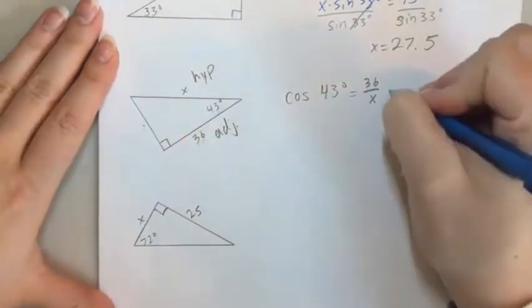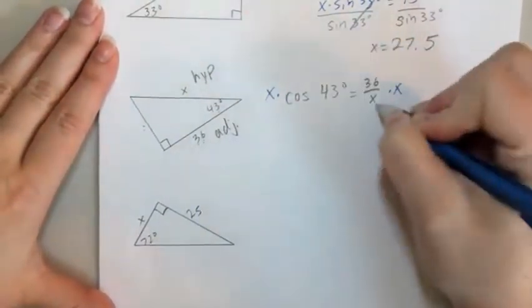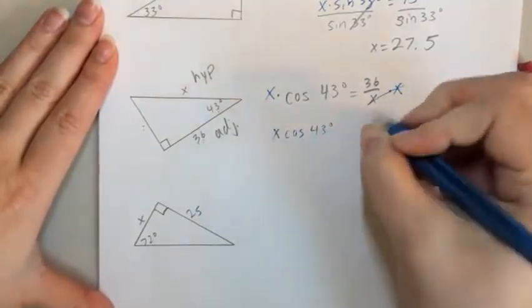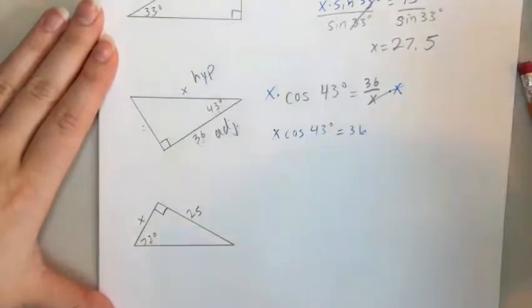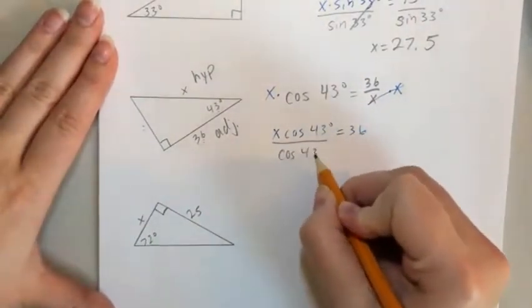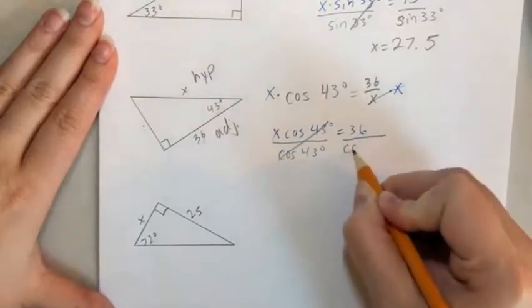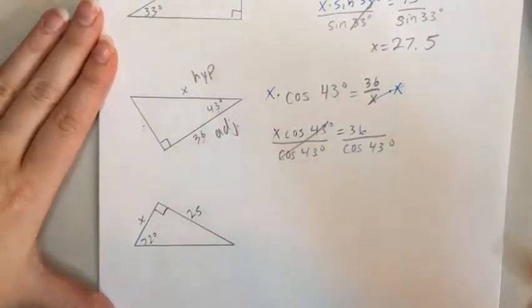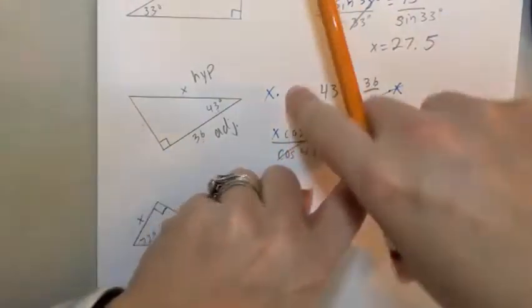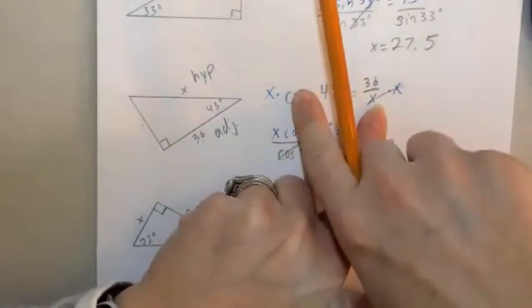All right, once again, multiply by X. Those cancel. X cosine of 43 equals 36. And then divide by cosine of 43 so that it'll cancel out over there. You may be noticing what's essentially happening is your X and your cosine of 43 are essentially switching places.